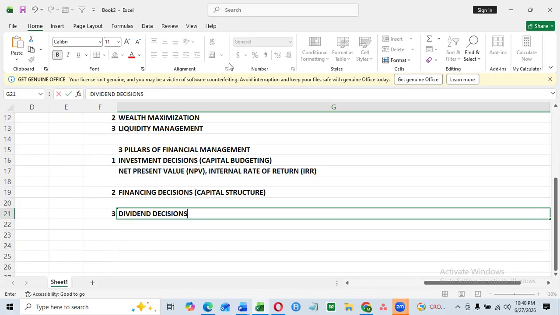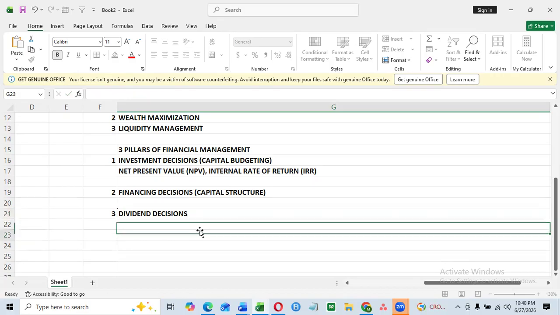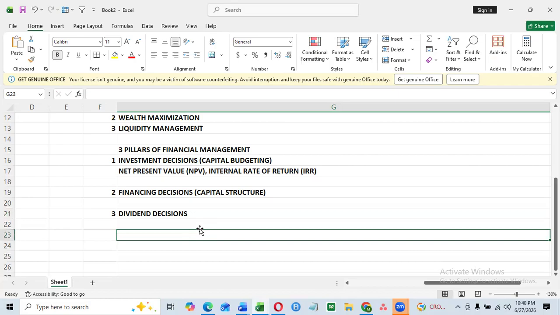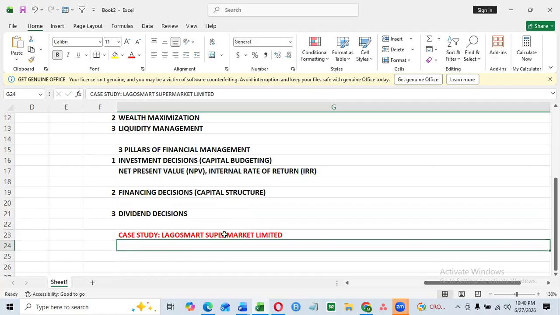Now, this is the background of this company. The case study is about Lego Smart Supermarkets Limited. Now take the background.